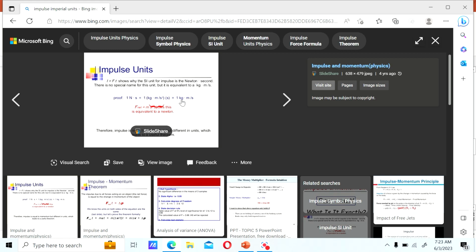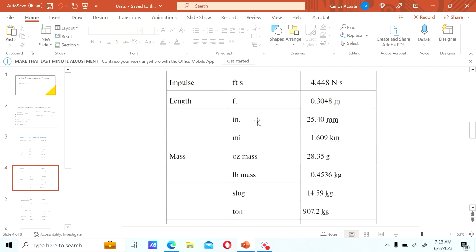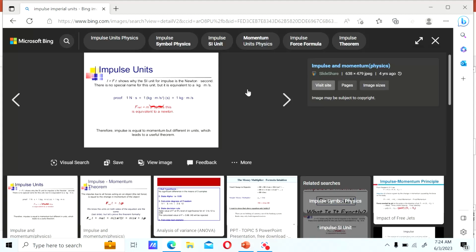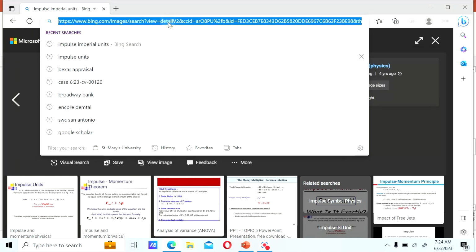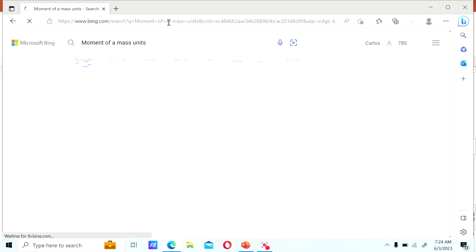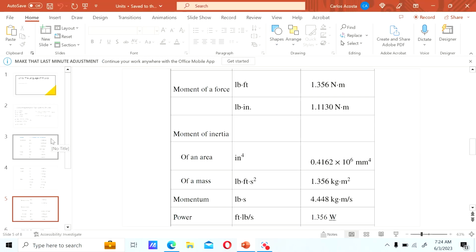All right, the other concept that we wanted to check was, so this is actually pound force times second. Okay, the other thing we wanted to check was moment of a mass. Kilograms meters per second.